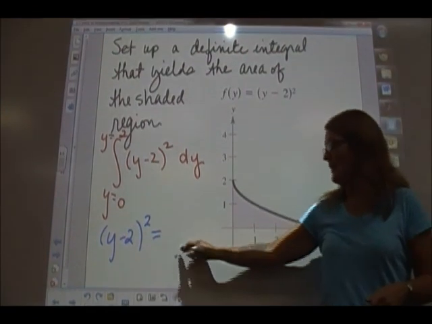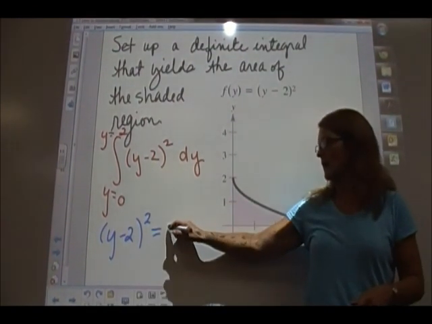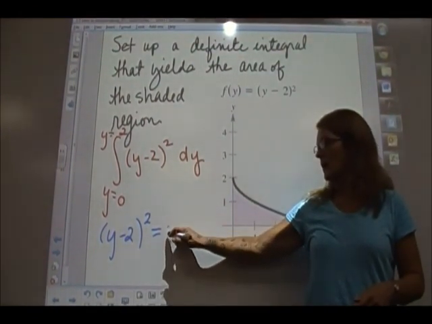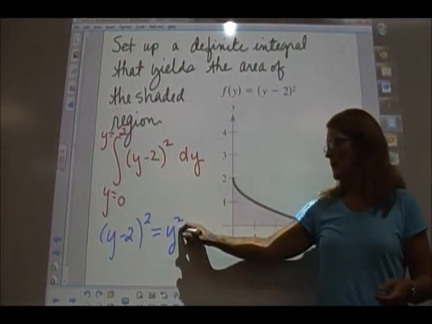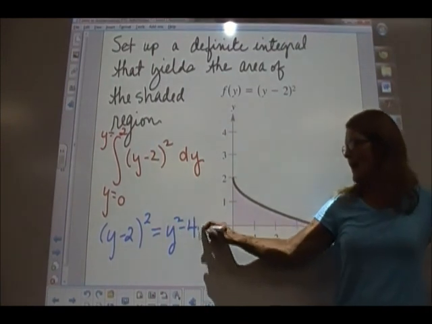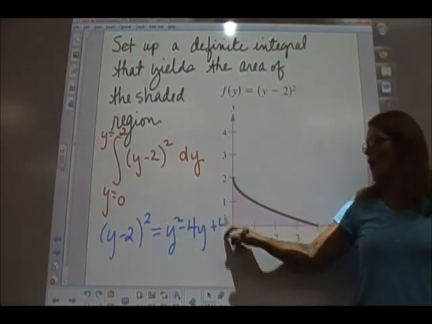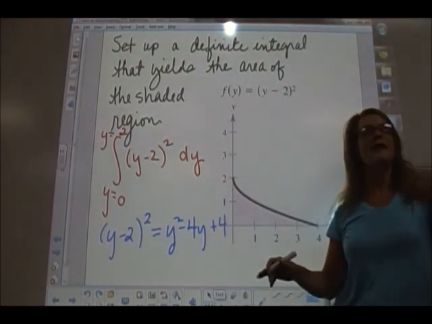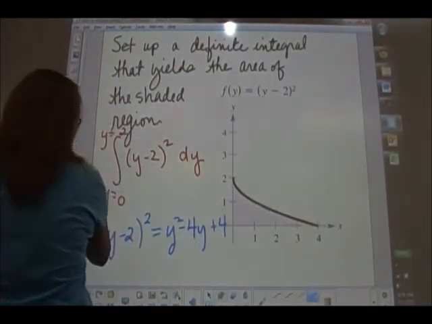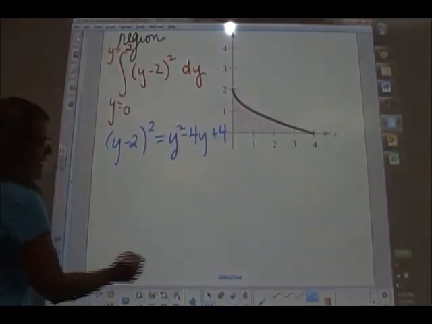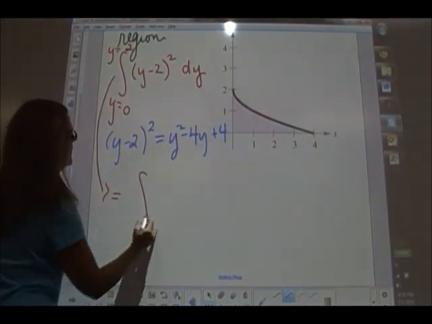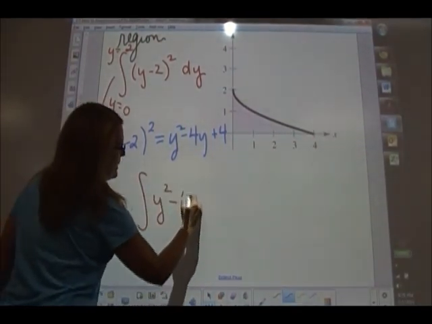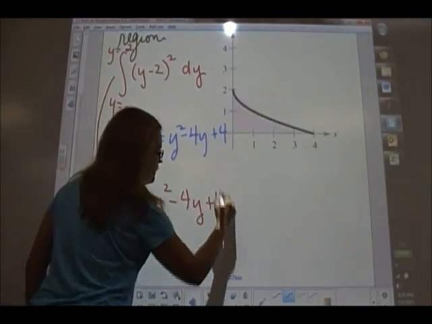y minus 2 times y minus 2, which is what? Oh, it's a quadratic. y squared minus 4y plus 4. So we can rewrite (y minus 2) squared as y squared minus 4y plus 4.